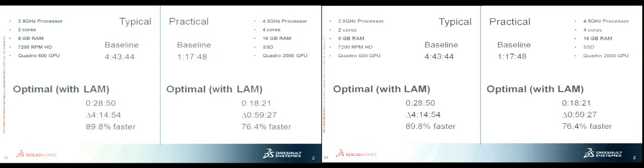But even in our practical, even when you're already down to an hour and 17 minutes, hour and 18 minutes, under 20 minutes to get it done with the proper hardware. These numbers are huge for productivity in a company. Your time is worth so much more than a $4,200 computer. And when you look at the delta between the typical and the practical, it's even more absurd that you don't have that machine. Your time is worth more than that.